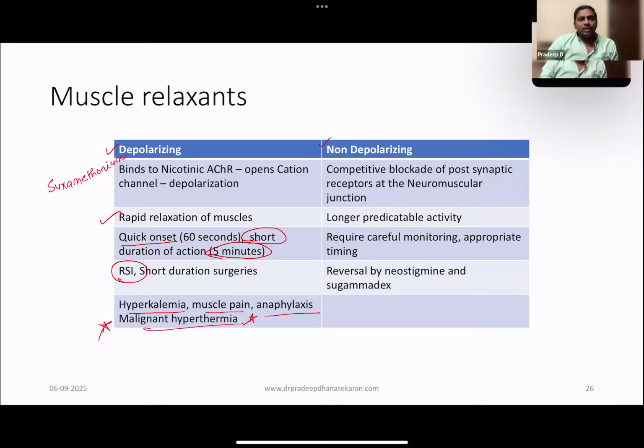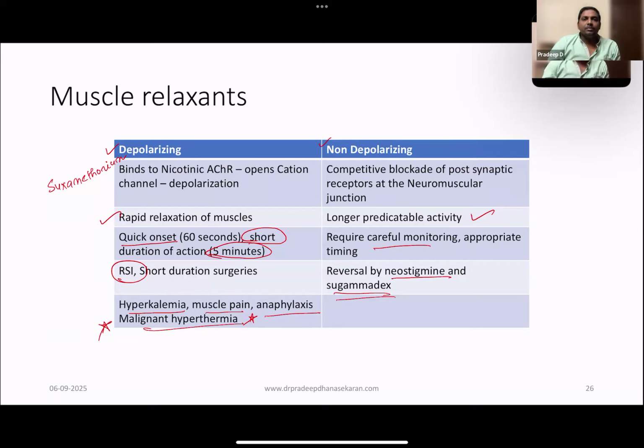With regard to non-depolarizing blockers, these are more predictable, right? They require careful monitoring, and the main advantage is even when they are long lasting, they can be reversed by neostigmine or a newer drug called sugammadex. They are more predictable and more preferred by anesthetists for long-lasting effect.